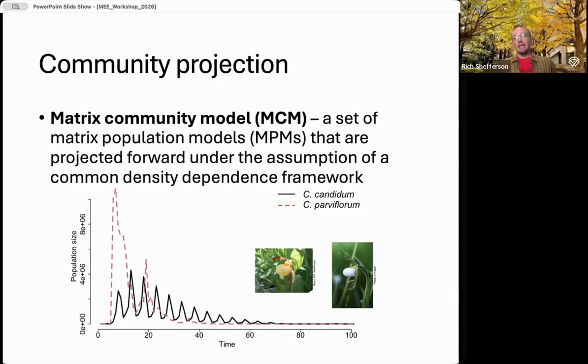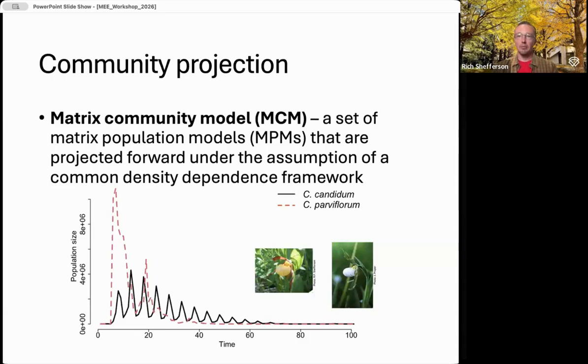Now, ADAPT3 also does one other thing, which is community projection. And this might seem an odd mix, given that I was just talking about adaptive dynamics. But it turns out that methodologically, a matrix community model, the community projection, if you're doing it in a matrix-based way, is very similar to adaptive dynamics, at least in terms of what goes on in the background. Imagine you have a community and you've been monitoring several species in it demographically over a number of years.